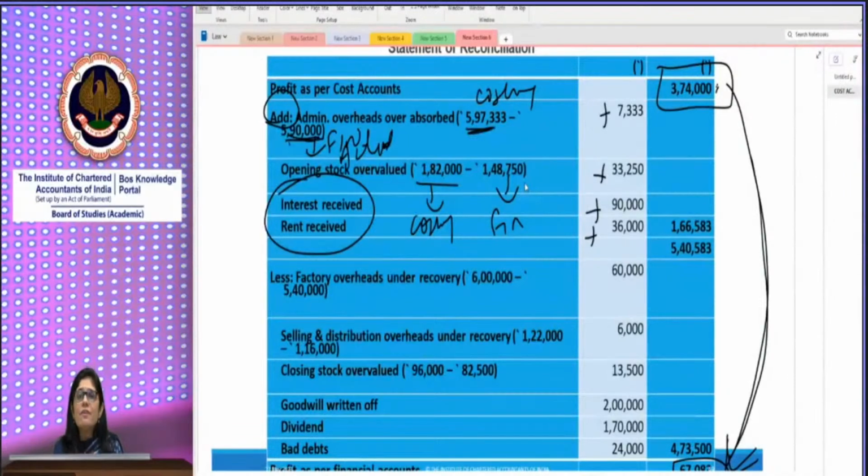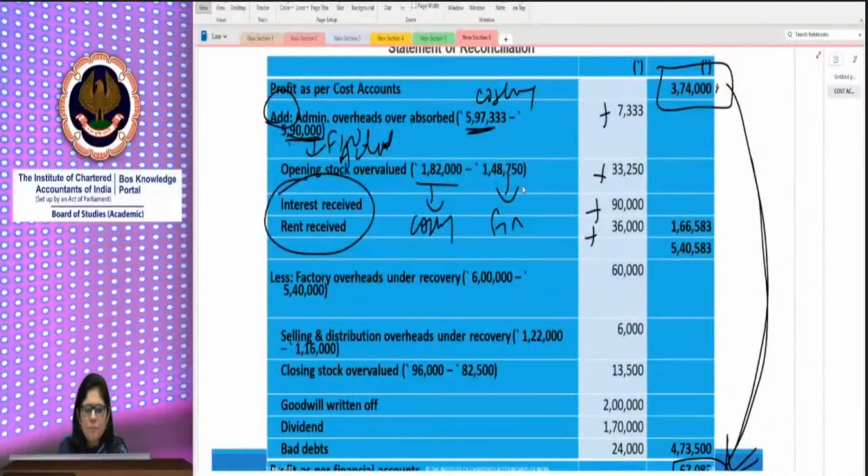Whatever is the effect, you have to take it into the cost account also. So interest received and rent received, we have not taken in costing. We have not added them to our income. Add them now. So you add them to your costing profit because we don't take them in costing, but we take them in financial, and we are taking financial as the base. Just take that effect. Clear?